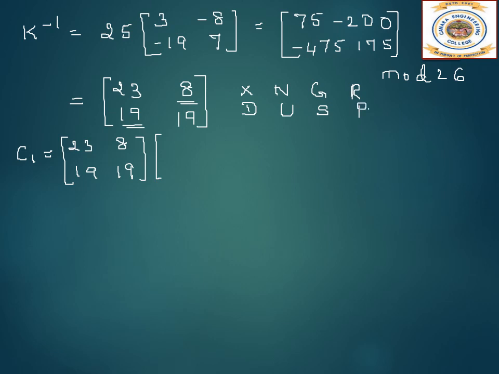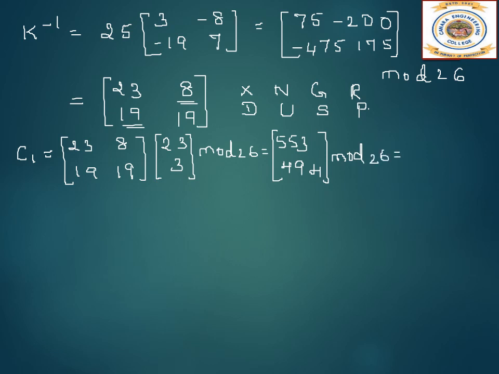For X and D, the equivalent is 23 and 3 mod 26. After multiplying we get 553 and 494 mod 26. So we get the answer to be 7 and 0. What is the equivalent of this 7 and 0? It is H and A.